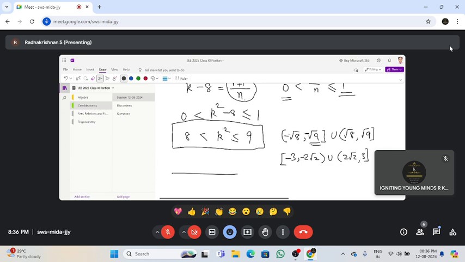If on a number line you can see this is 0, you have minus 3, minus 2 root 2, then 2 root 2, 3. If it has to be in this range or this range, then its square will be between 8 and 9. Because even if it is minus, the square will become plus. The square of this is going to be 9, the square of this is going to be 8. So anything in between is going to be between 8 and 9. Similarly here also. That is what I have written.